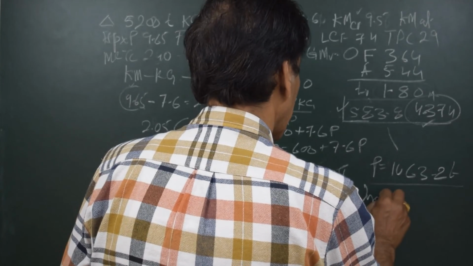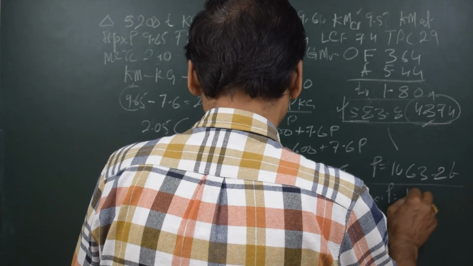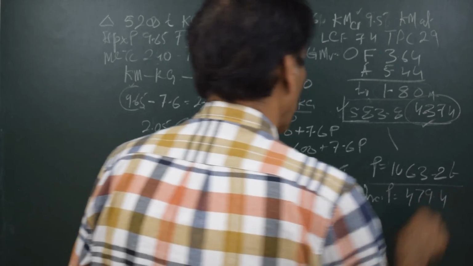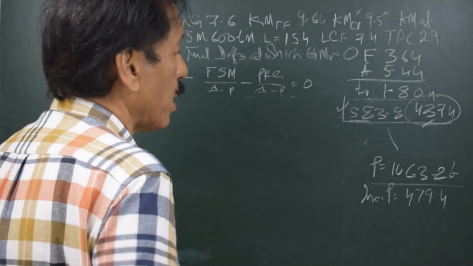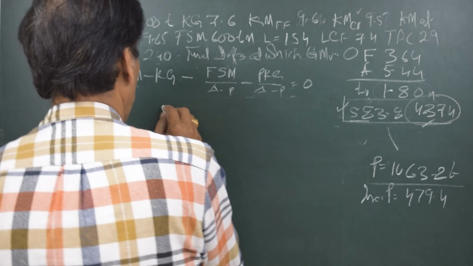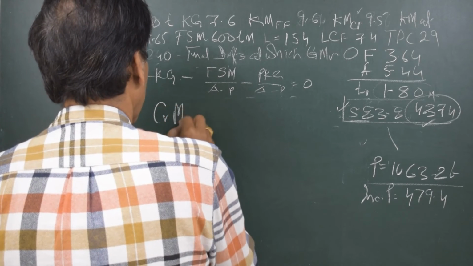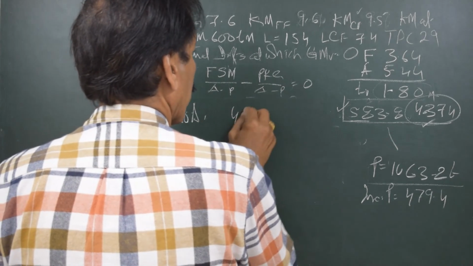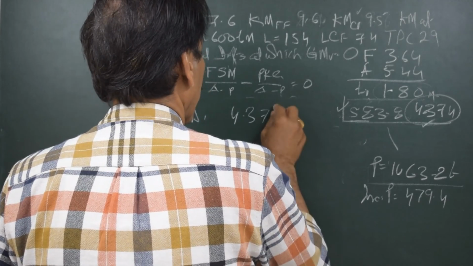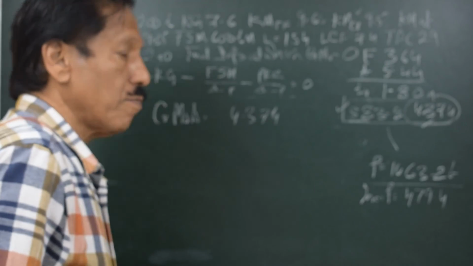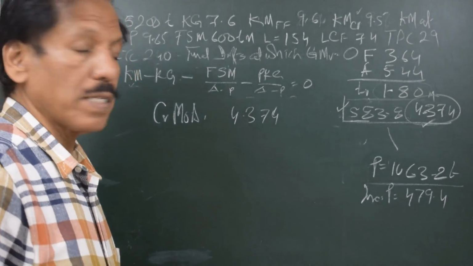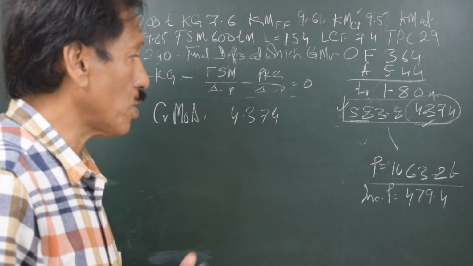So increase of P is equal to 479.4. Now we know that at critical moment the drafts fore and aft were the same. So critical moment drafts were 4.374, and 4.374 is the even keel draft. It is also the hydrostatic draft.